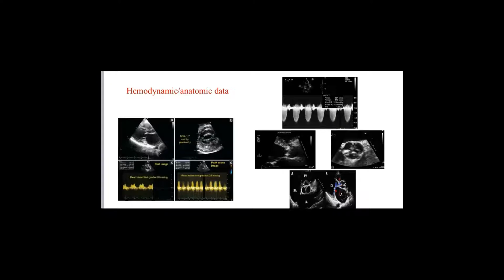I will look for the LV function first. Yes, very good. And I will see the cavity of the LV also. Okay. Because I want to see if the low gradient is due to LV dysfunction or due to low flow if you have a small cavity of the LV. Exactly. I can see if I am in the proper angle for the CW. Very good.